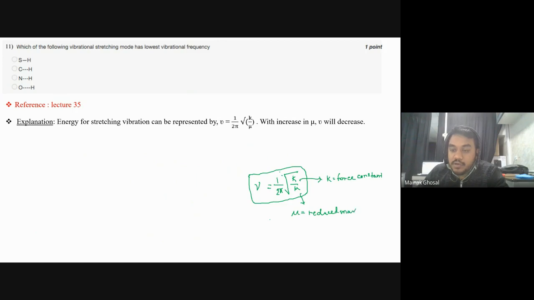So your nu, the vibrational stretching frequency, will depend upon two factors: one is force constant, another is reduced mass. My question is the lowest vibrational frequency. That means nu will be lowest. I am going back to back, to find for which value of k and mu nu will be lowest.